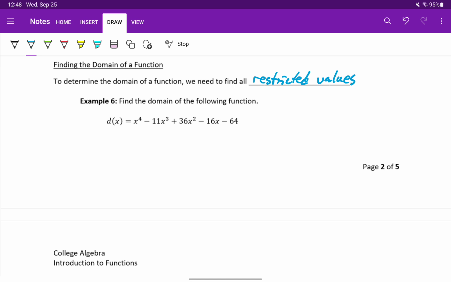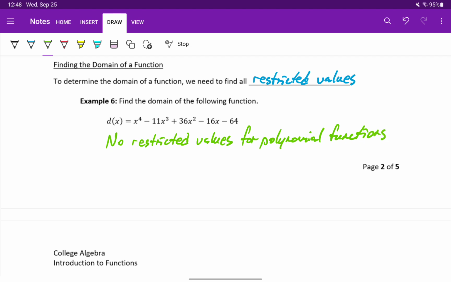In example 6, we have a fairly complicated looking function, but we have a nice shortcut that we can use, which is the knowledge that there are no restricted values for polynomial functions. That is, there's no value for x that we could substitute into this equation that would break it.